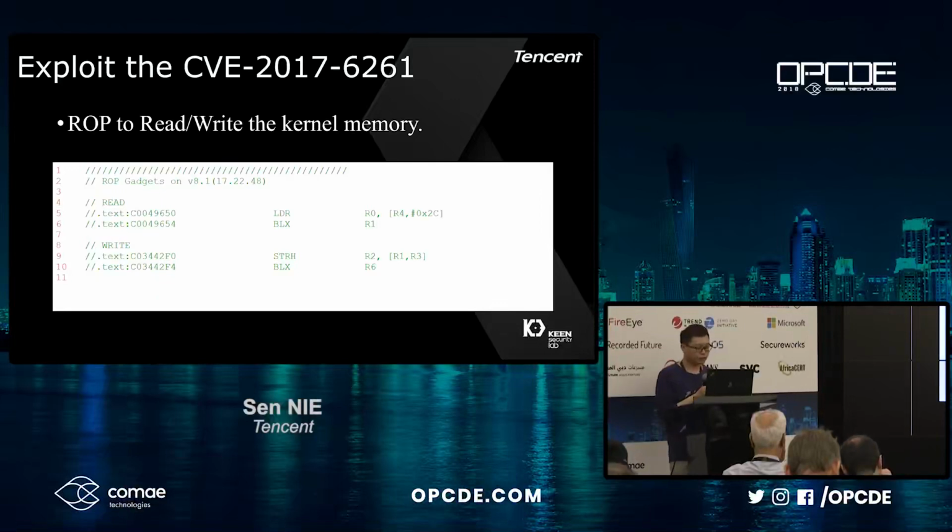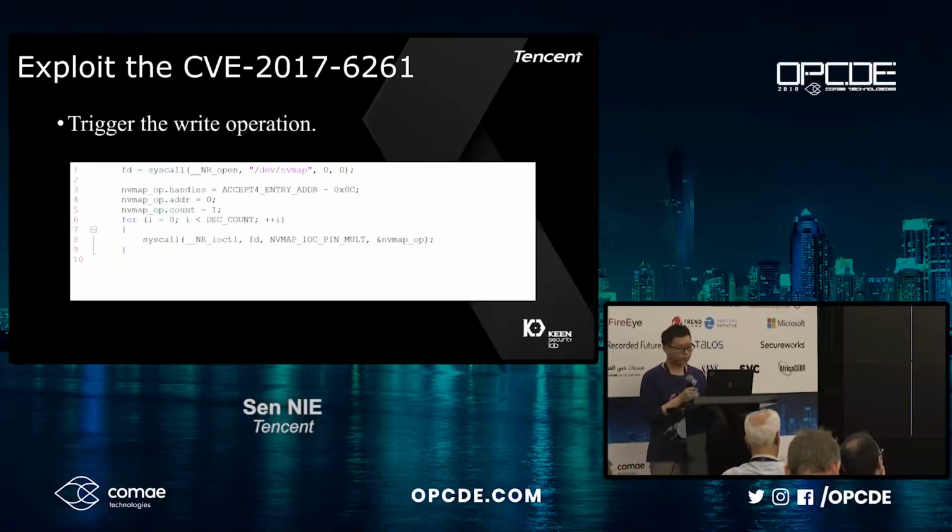We can turn the decrement into code execution, then into arbitrary kernel memory read and write. We can trigger our bug multiple times to modify it. Then sys_execve4 will point to a jump to the R3 register, right?